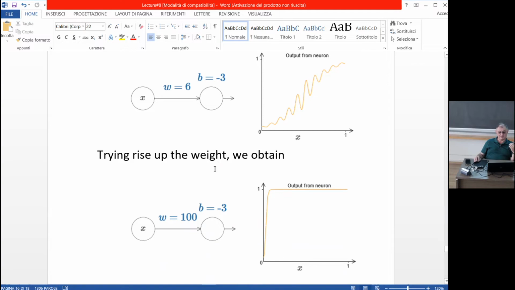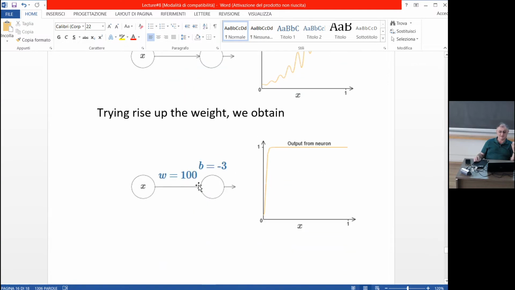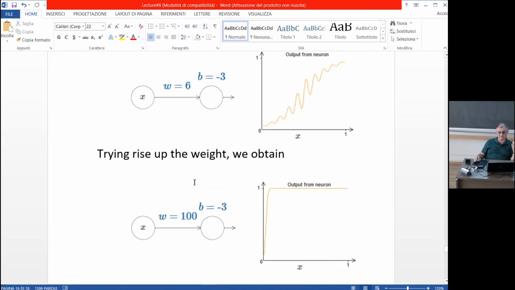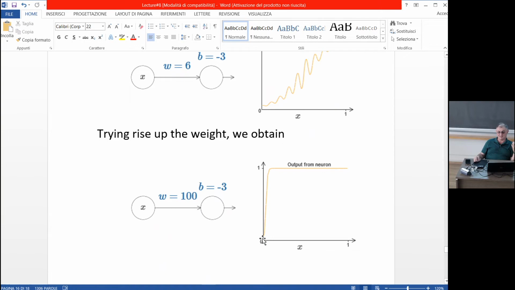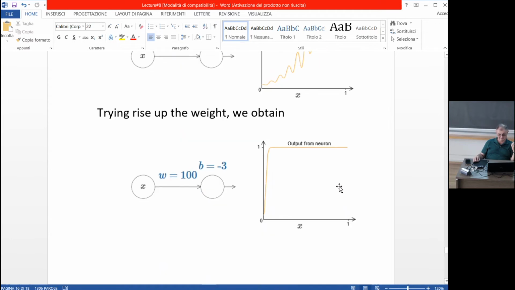Trying to raise the weight, we obtain, you see, even if W rises from 6 to 100, we can see that we have not a jump, but growth very near to a jump.